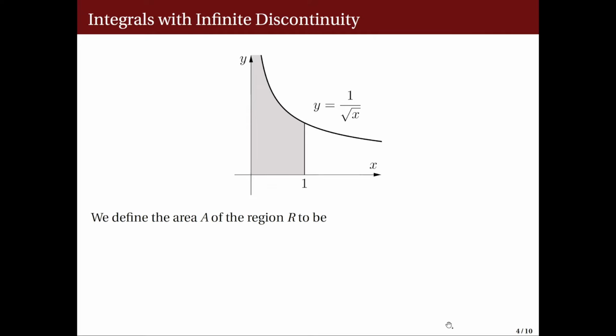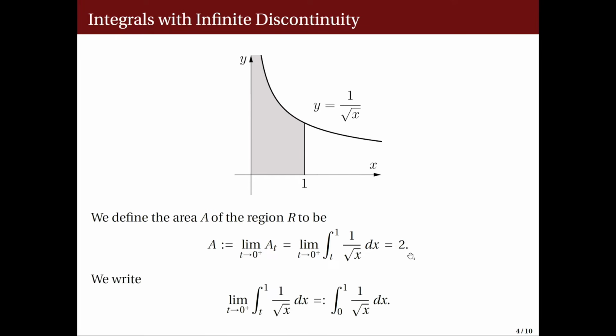We define the area of the given region R as the limit of A sub t as t goes to 0 from the right. And therefore, although this region is infinite, it has a finite area, which is 2 square units. We simply write, in this case, the limit of the integral from t to 1 as t approaches 0 from the right simply as the integral from 0 to 1.